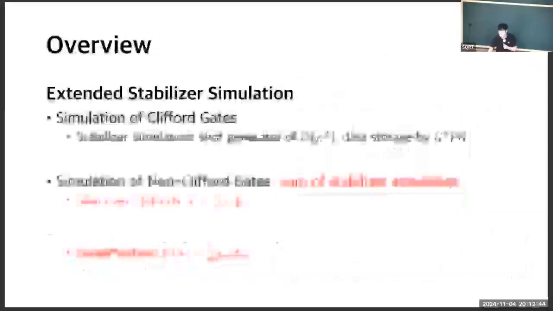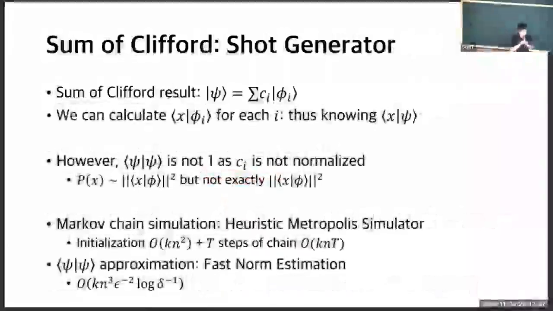So for that, we need to either approximate the denominator, the length of psi, when we shot the result, or we can just be satisfied with px but without normalization, because we can calculate the inner product of x and phi, where x is a bit string.